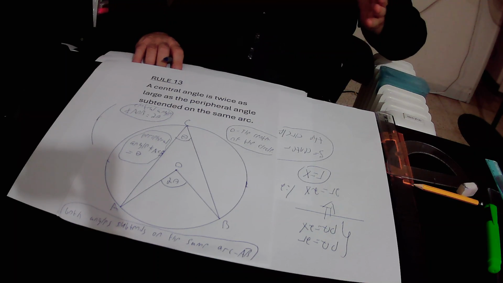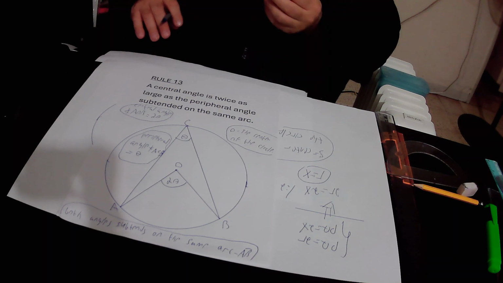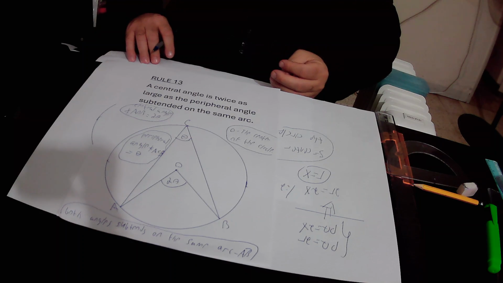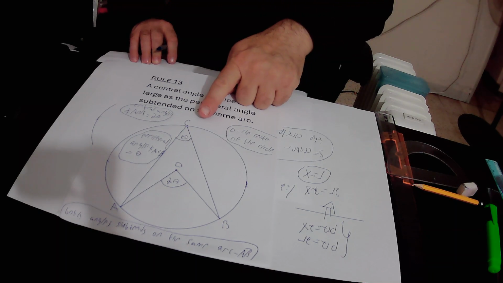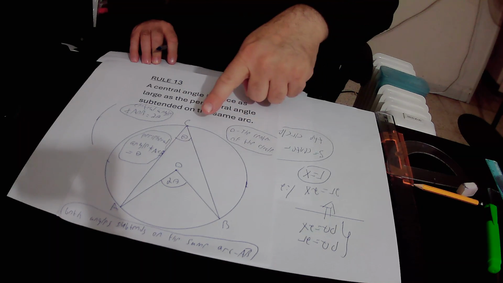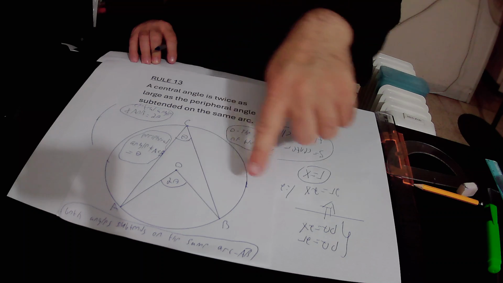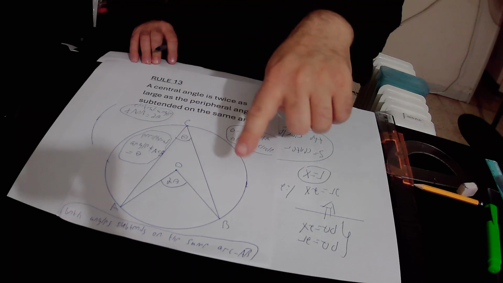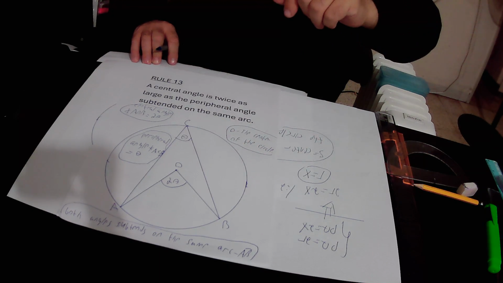So the central angle is always twice as large as the peripheral angle that is subtended on the same arc. So if the peripheral angle ASB that is subtended on chord AB equals theta, then the central angle AOB that is subtended on the same arc, arc AB, must be equal to 2 theta.